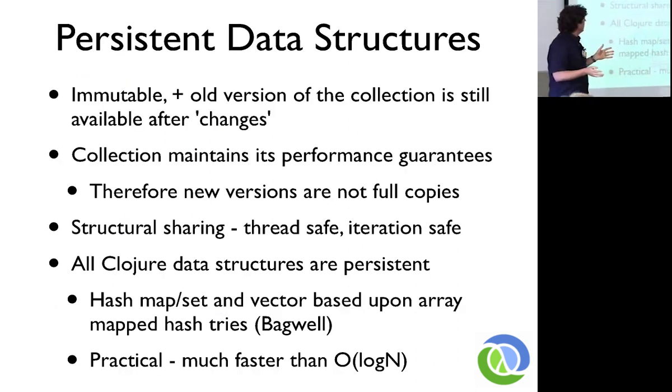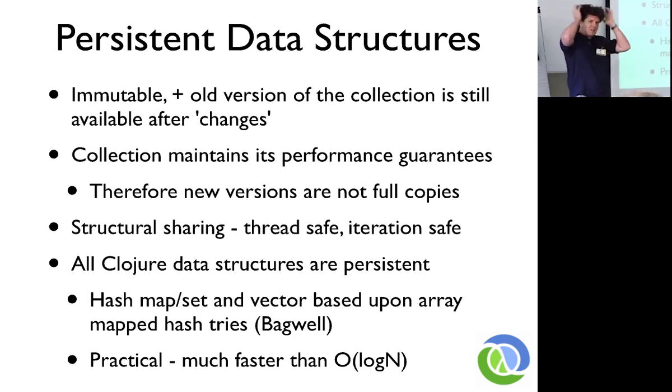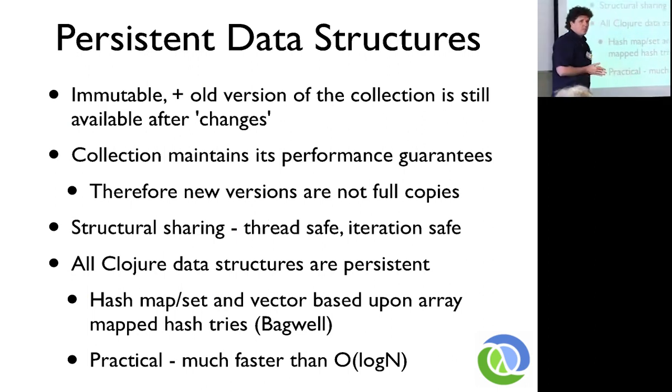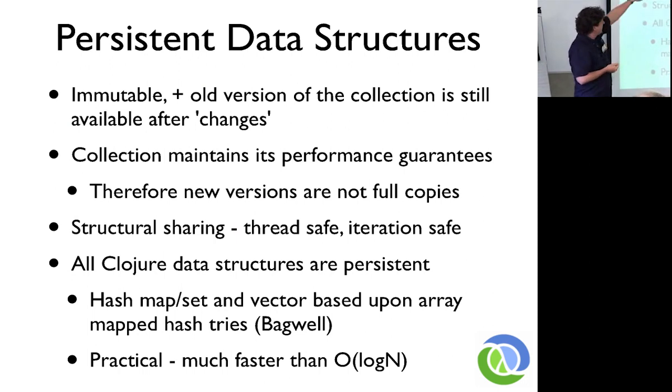So I said everything's immutable, which should be scary, because immediately people say, oh my God, the amount of copying must be incredible. And it's not viable to do full copying. So there's this notion of persistent data structures. It's an overloaded word, like all the overloaded words we have. In this case, we mean, of course, persistent data structures are data structures that are immutable. We're making a new version.